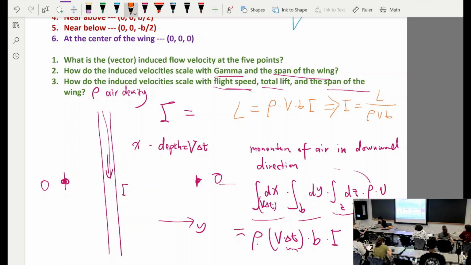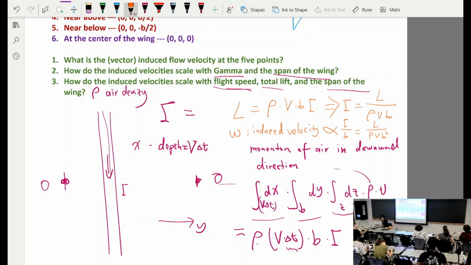All right. And the induced velocity, let me call it W, is proportional to gamma over b, which is equal to L over rho V b squared.